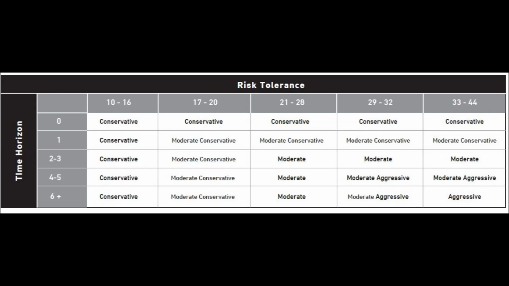Then for your risk tolerance, let's say you scored 23, then you would go into the middle column where it says 21 to 28 because you scored 23, and you would scroll down to the 4th line item because that matches your time horizon, and your risk tolerance is moderate. What does this result mean?